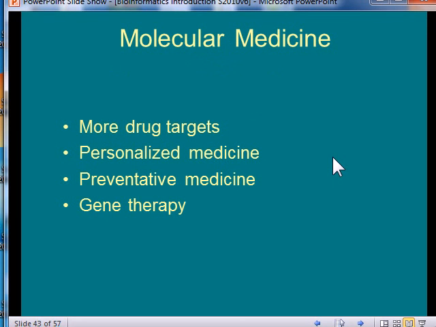When we think of the uses of bioinformatics, there are many. One is more drug targets. In other words, medicines that are specialized for a particular ailment or disease and targeted just for that rather than a broad spectrum. Personalized medicines are medicines that use your DNA and the medicine to target a particular disease.